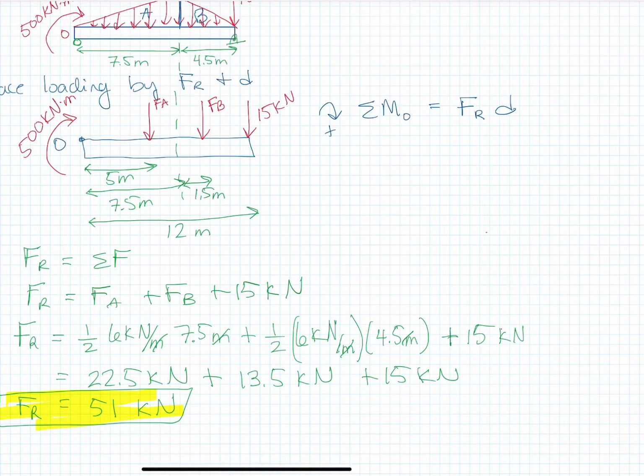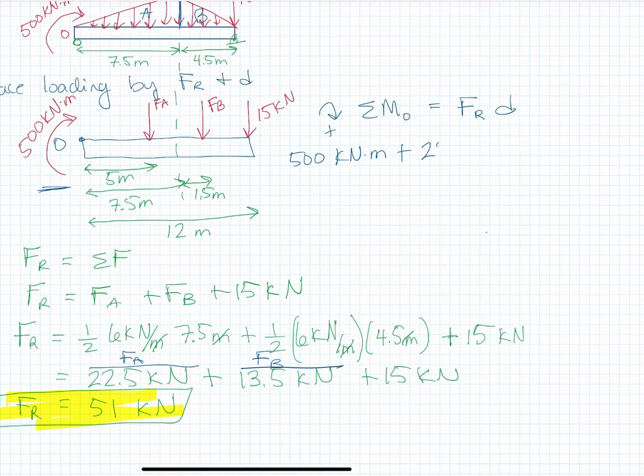So we have to remember that 500 kilonewtons times meters moment over here. Then the moment that FA makes, so that's going to be plus FA. This one was FA, this was FB, and that's the 15 kilonewton one.